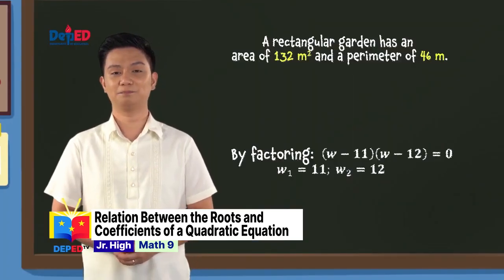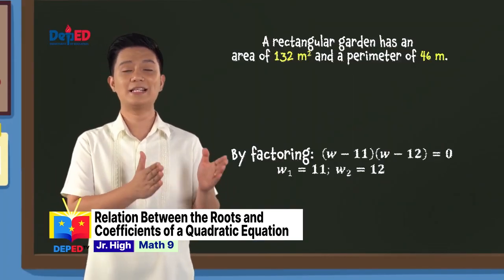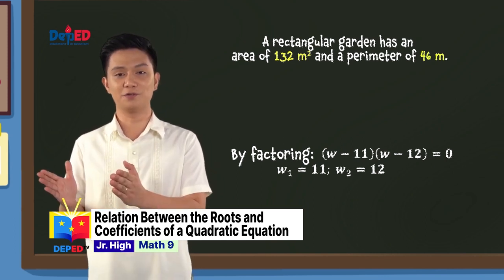The answer is w sub 1 is 11, w sub 2 is 12.